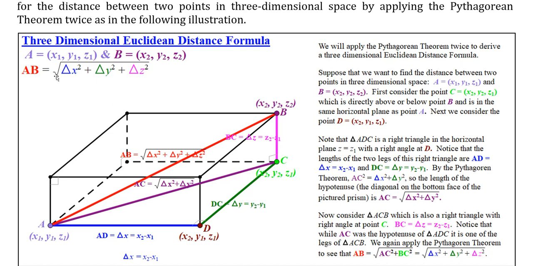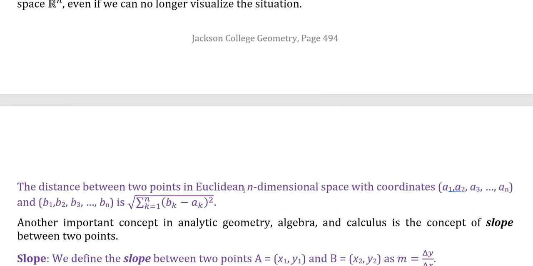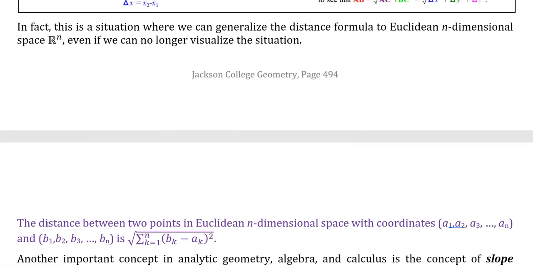And in fact, you can actually extend this to as many dimensions as you want. Even though we may no longer be able to visualize this, we can say the distance between 2 points in Euclidean n-dimensional space with coordinates a1, a2, a3 up to an, and b1, b2, b3 up to bn, is basically just the differences in all of these squared and then added up.